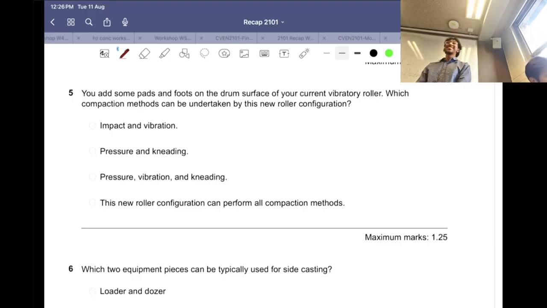Any guesses, guys? For this one, it'll be more pressure, vibration, and kneading. It doesn't do impact because of the way it's built. It has sheep's foot style pads and feet. All that really does is add pressure and kneading. And from the question itself, it says it vibrates. So yeah, that's essentially it.